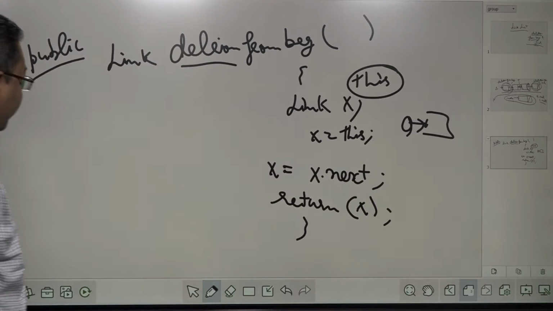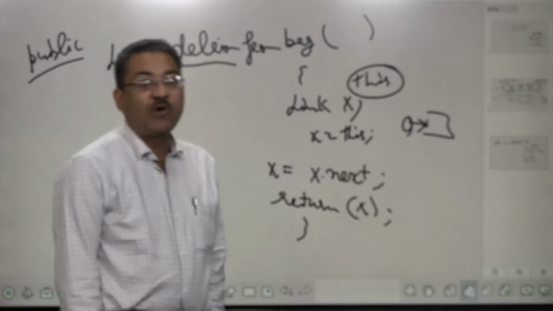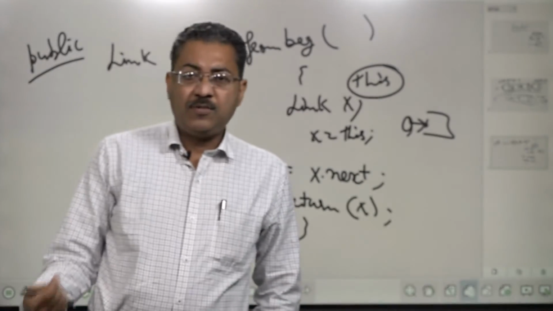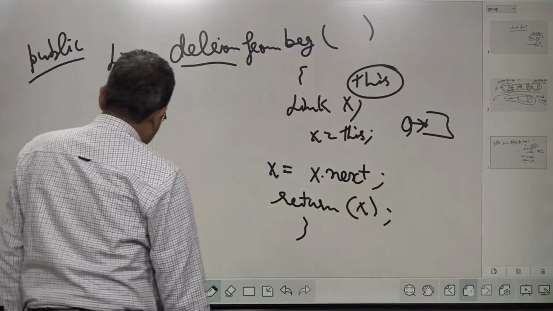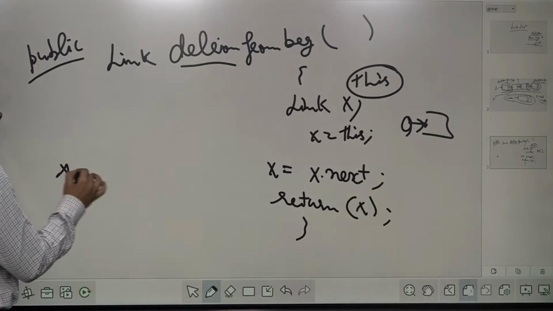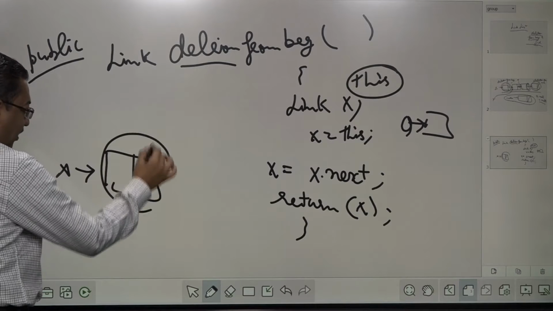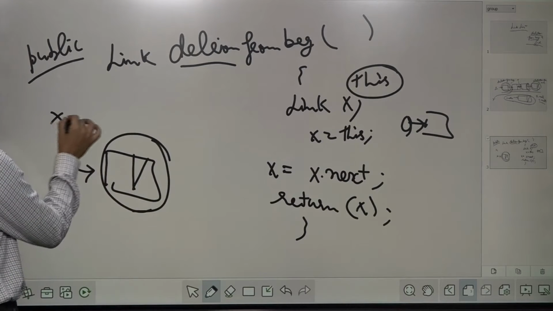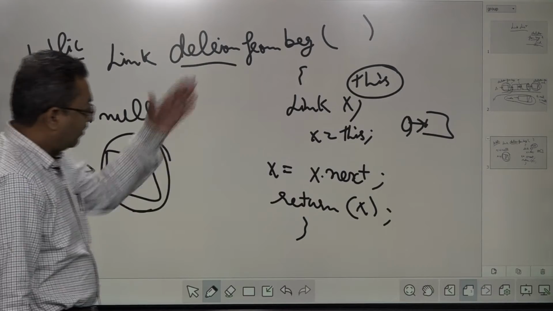That's all, right? So this is not considering a number of cases. What can be the case? The case can be this: there is no node like this, x is referring to null. Can this cover this case?